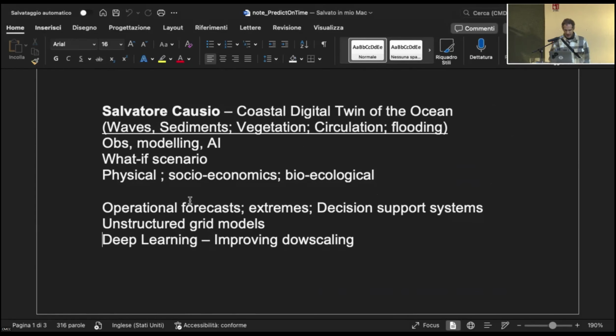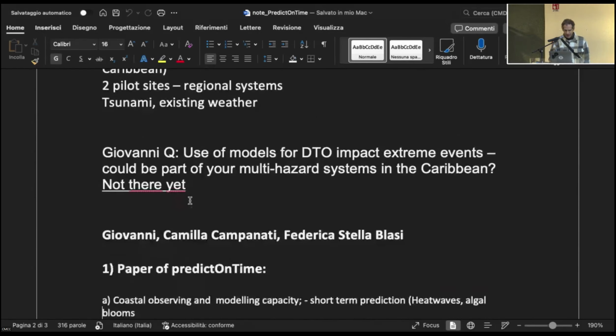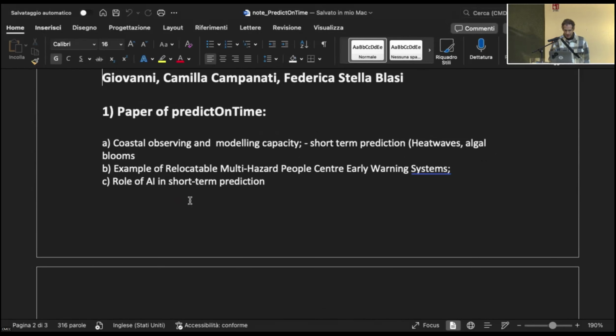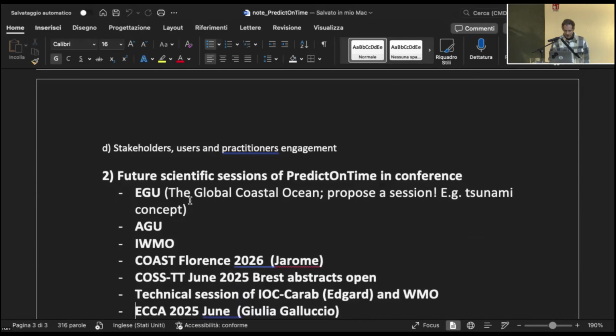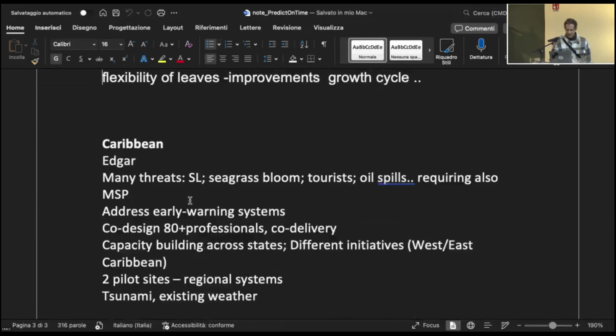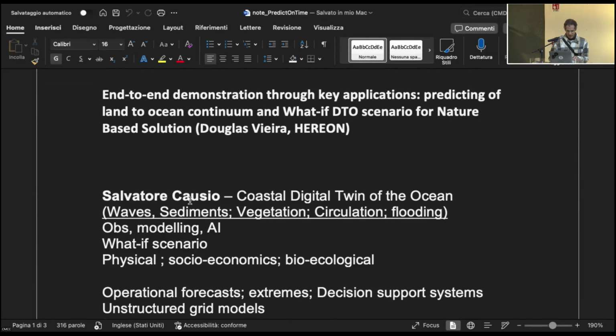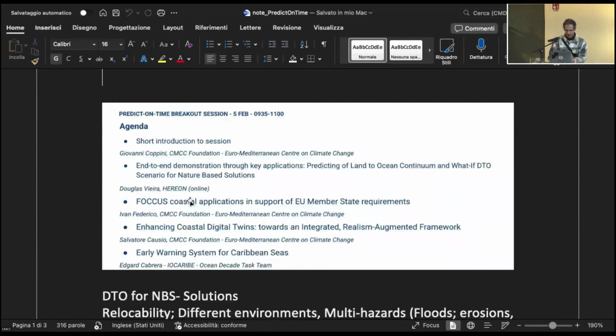There were presentations that showed the importance of using several approaches in modeling the land-ocean continuum.